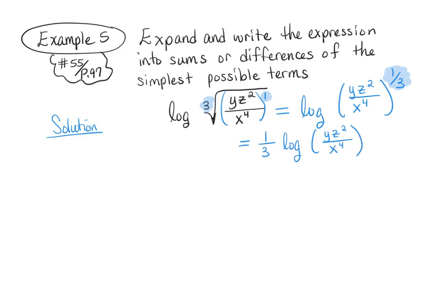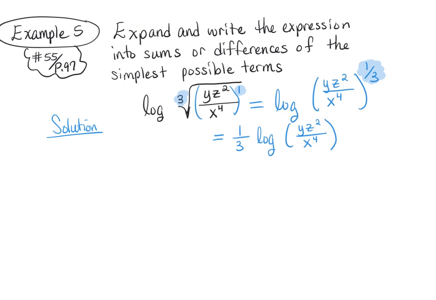Now, remember, if you need to go back, that's what we're going to use. So this is equal to, let's move this over a little bit, 1/3 times brackets. Whenever you're writing out an equation like this, brackets mean the same thing as parentheses.